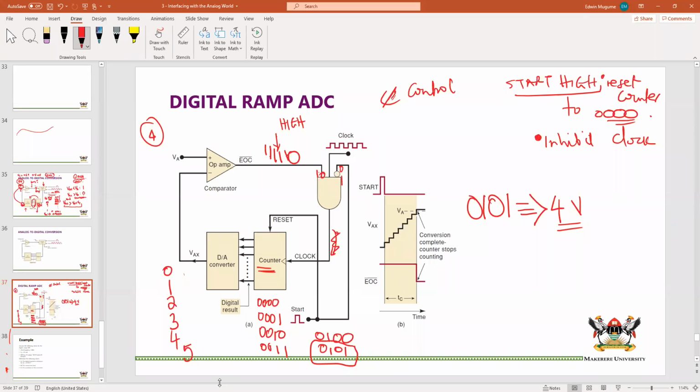We have a counter that counts going up until we get a value that is greater than the analog input by a value that is at least equal to the threshold given or more. So it can be bigger, but it should be bigger by at least that threshold. Then we get our output.